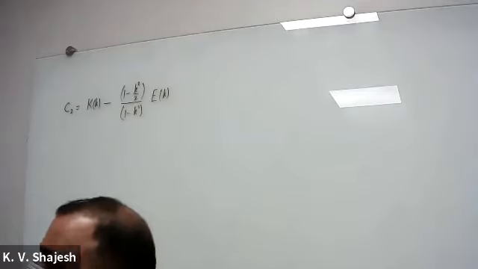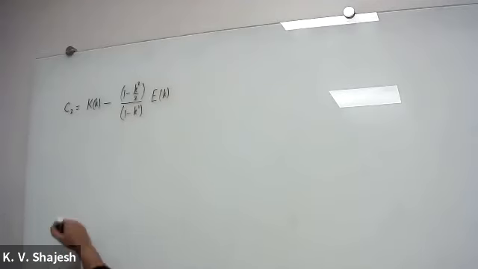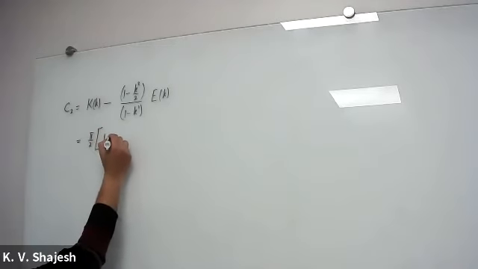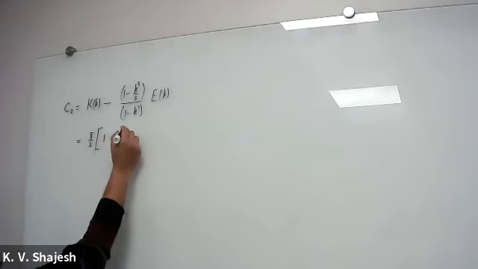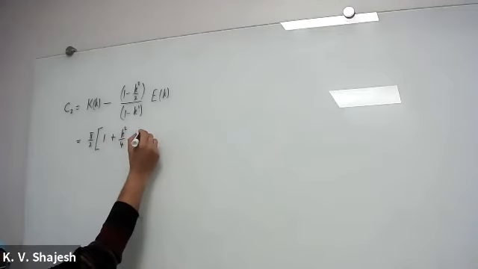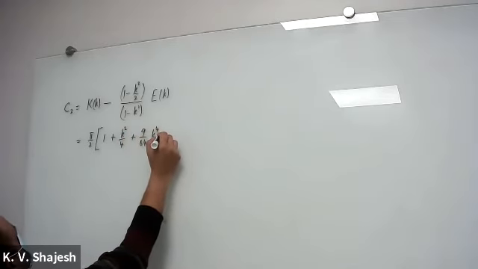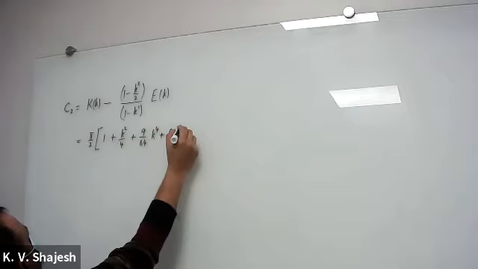That's what it is, and that's equal to, put that all in a series, π/2 times (1 + k²/4 + 9/64 k⁴ + order k⁶).